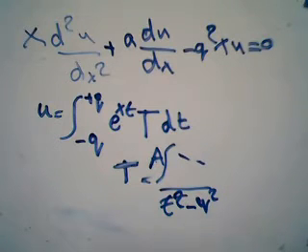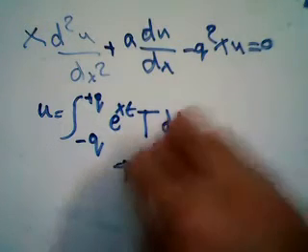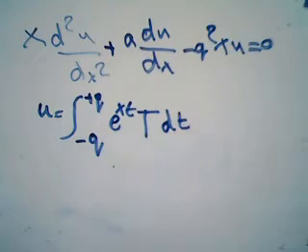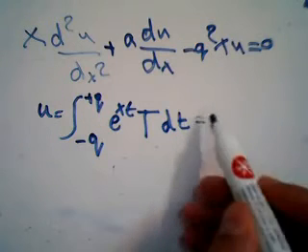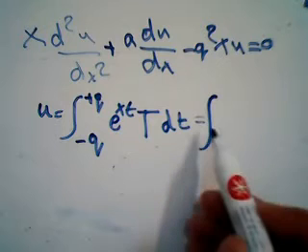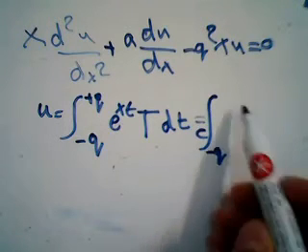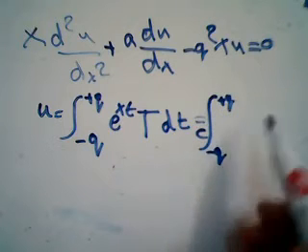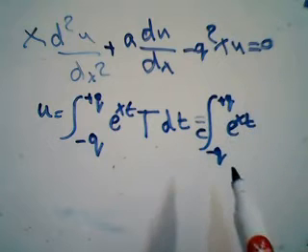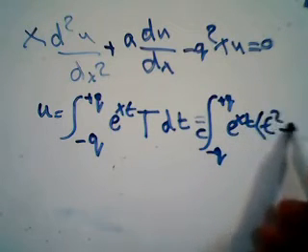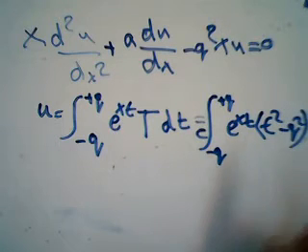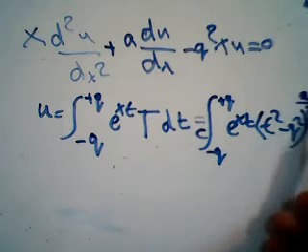But if you calculate this integral and find a good representation of t, and put it here, that would be equal to some constant, minus q plus q, e to the xt, t squared minus q squared to the a half minus 1 dt.